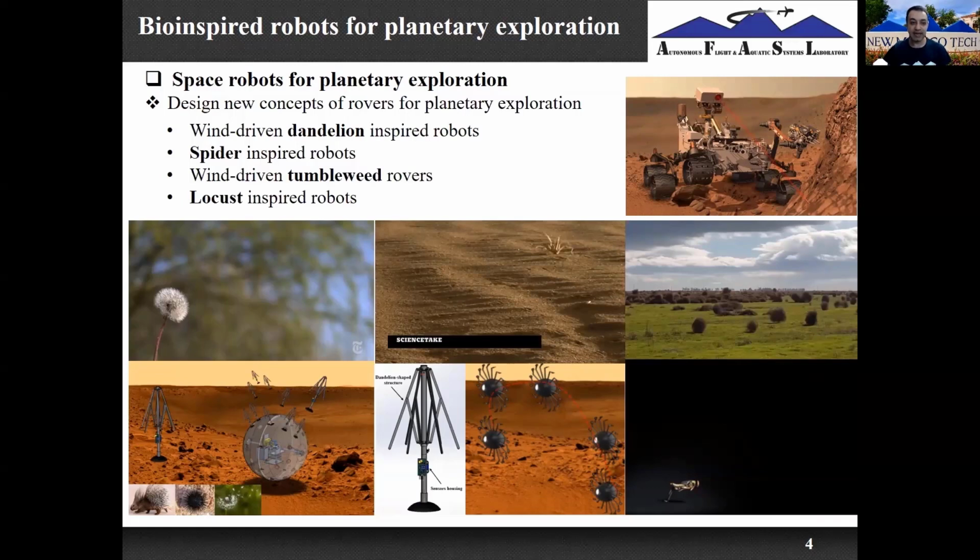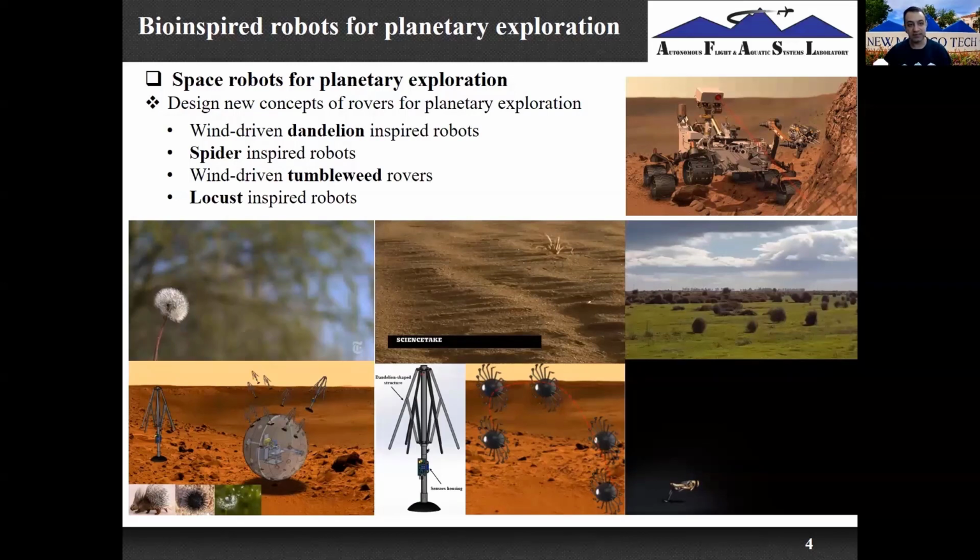So there are different mechanisms that space agencies are using, drones or other autonomous systems, for planetary exploration. What we are looking at here are new generations of flying concepts or ground-based concepts that can be applied on Mars or the Moon or other planets for exploration.